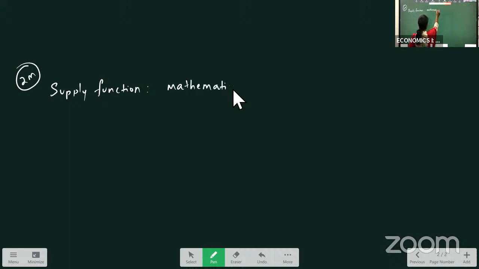Now, next question. Based on determinants, we can write the question of supply function. Supply function is your 2 marks question. What is supply function? It is a mathematical relation.